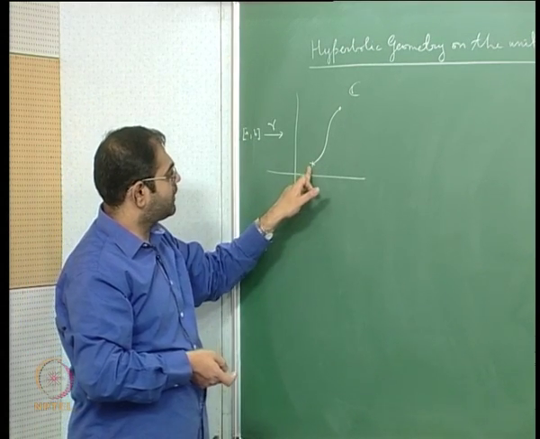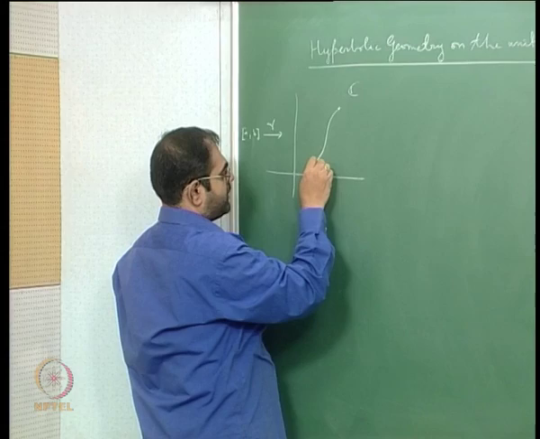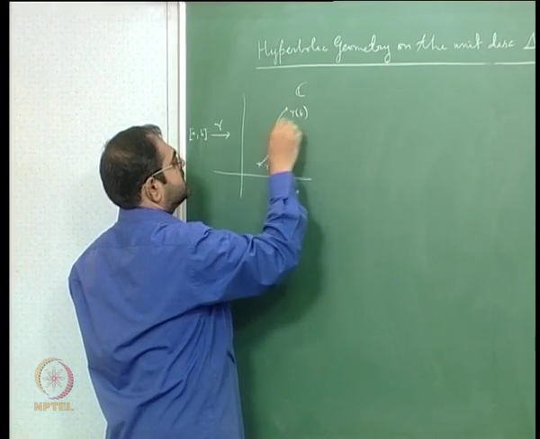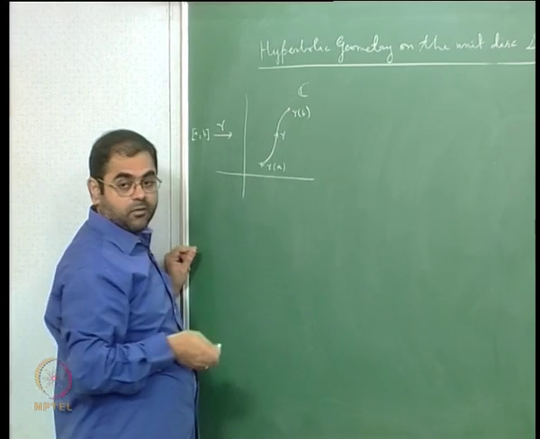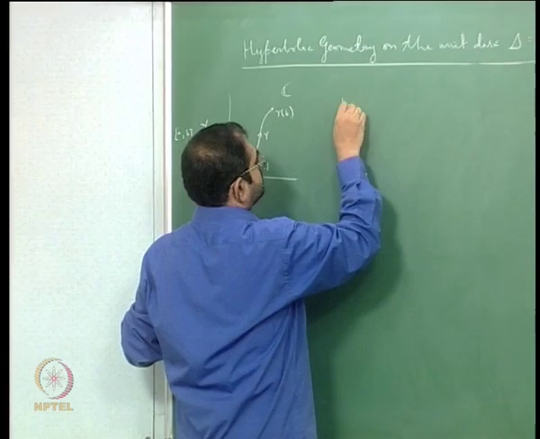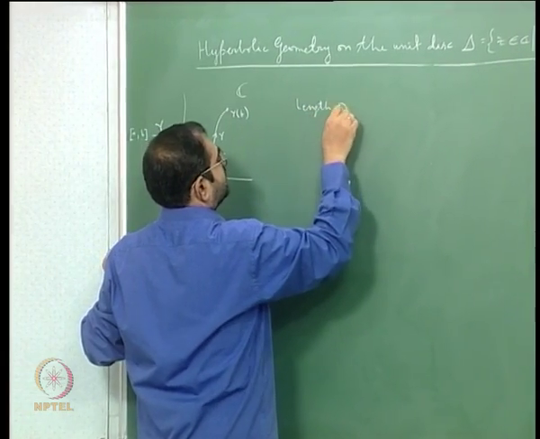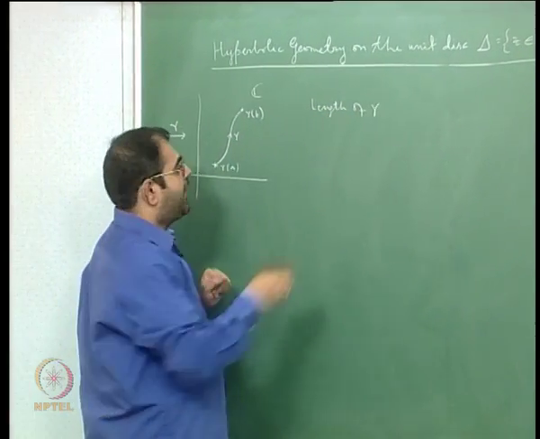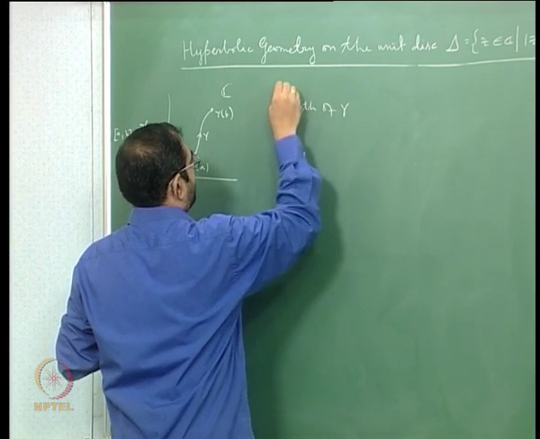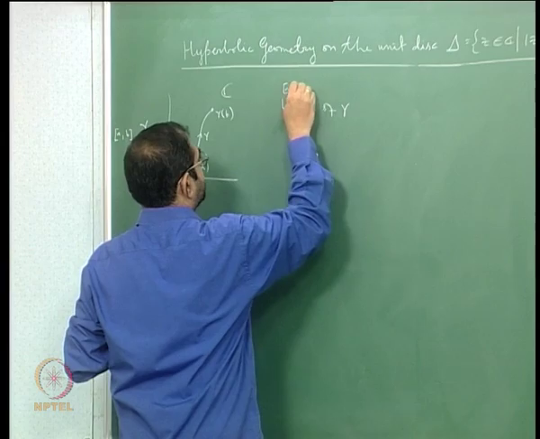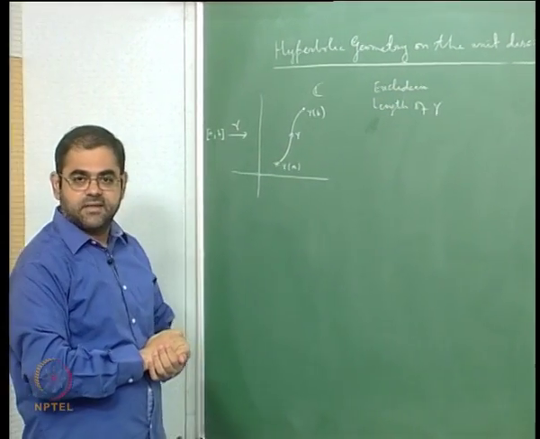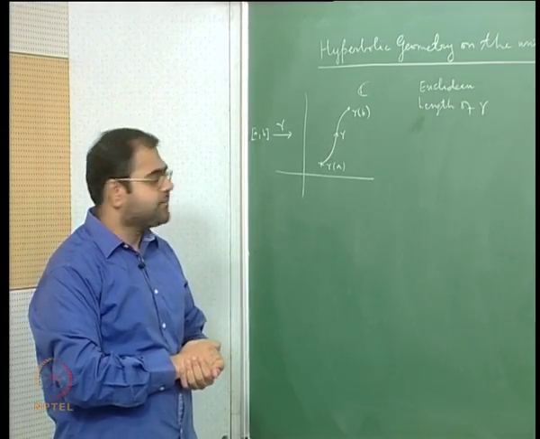If you take a contour from gamma of A, the starting point, to gamma of B, this is my path gamma. Then you know how to get the length of gamma, and I will prefix it by Euclidean, because this is the length in the usual sense, arc length.